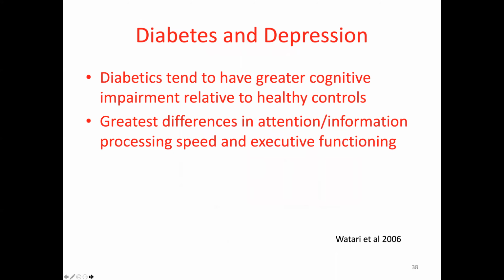Your brain needs glucose, and if you're not regulating glucose, you would anticipate greater cognitive impairment. In particular, Watari determined that the greatest impairment seemed to be in maintaining attention, processing information, and executive functioning.